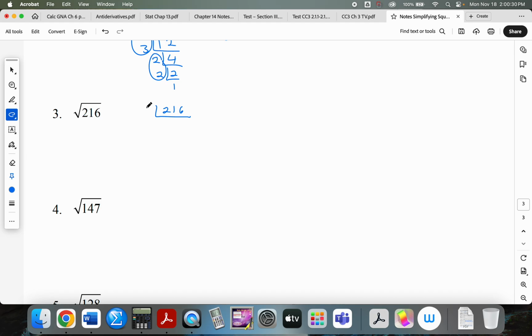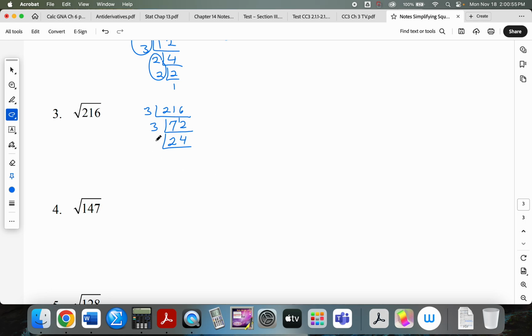So let's divide by 3. 3 goes into 21 7 times. 3 goes into 6 twice. Let's divide by 3 again. 3 goes into 7 twice with 1 left over. 3 goes into 12 4 times.